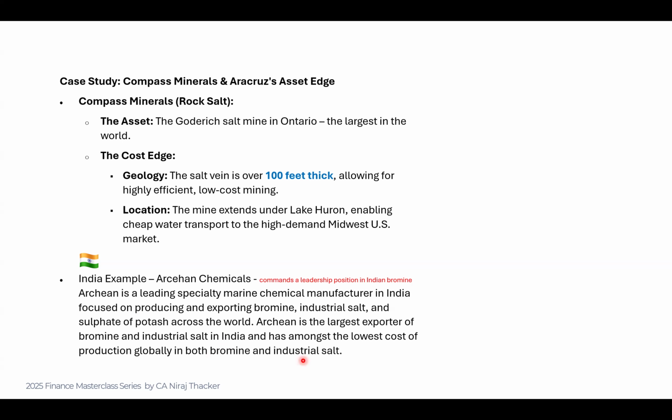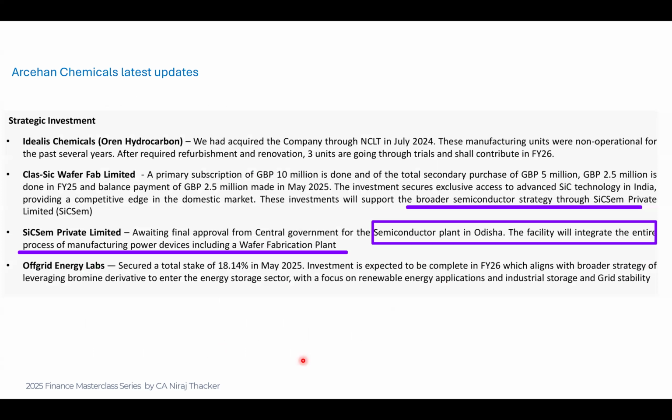Something more interesting I'll tell you. It's a cash cow for them. And now, whatever money they are making, here is the latest update, so keep this in mind too. They have invested in a few companies. They have acquired one company from NCLT, which they will make operational. They have invested in Wafer Fab Limited, and they will go into a broader semiconductor strategy through SIMCON.